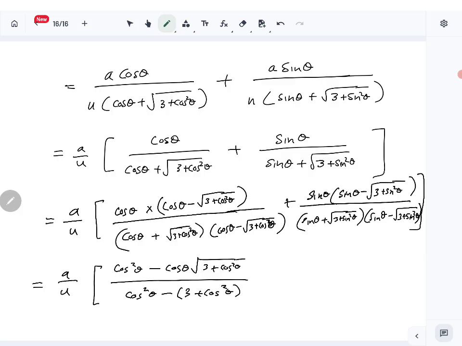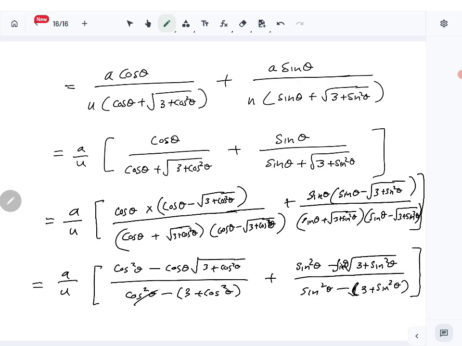This is using the difference of squares, a plus b times a minus b type. Plus this one will give you sine square theta minus sine theta into root 3 plus sine square theta, over sine square theta minus 3 plus sine square theta.